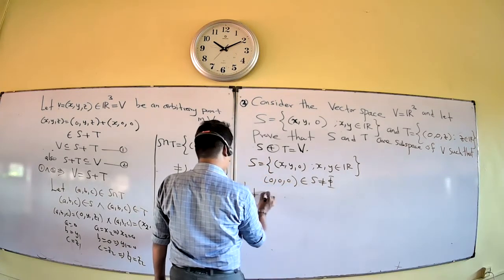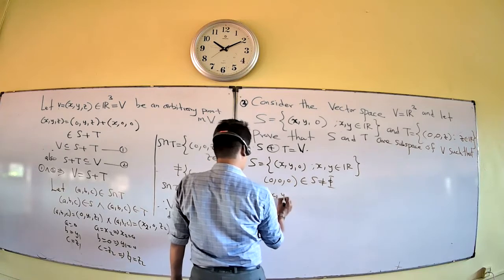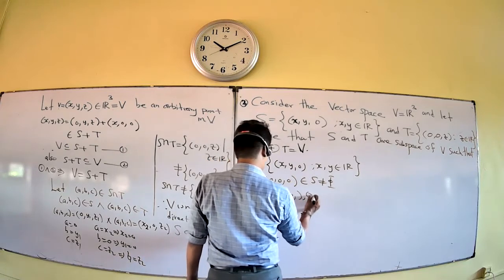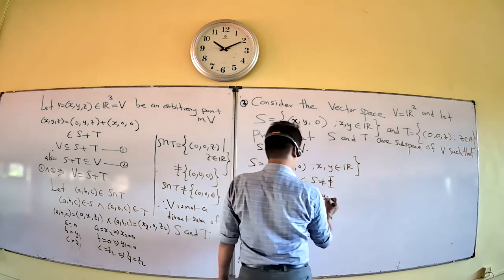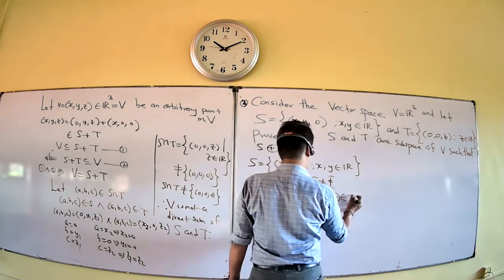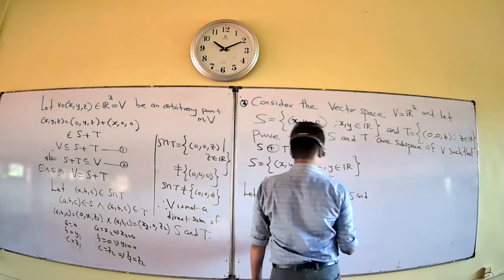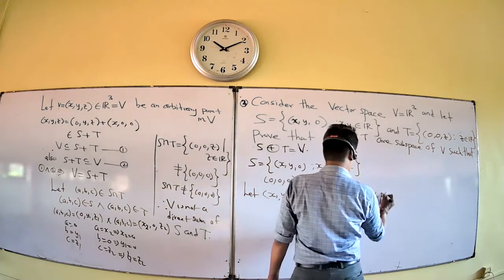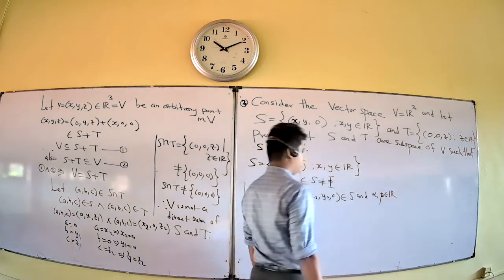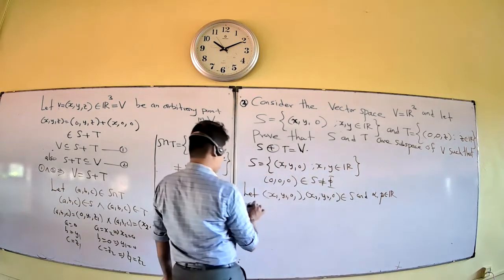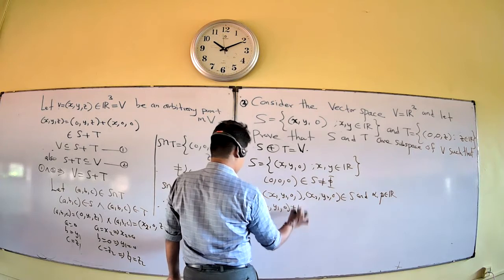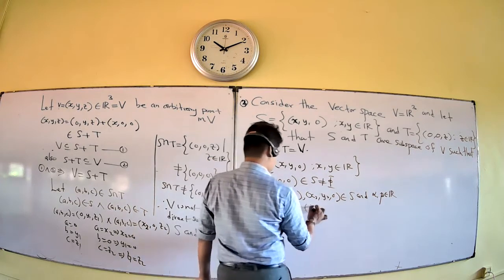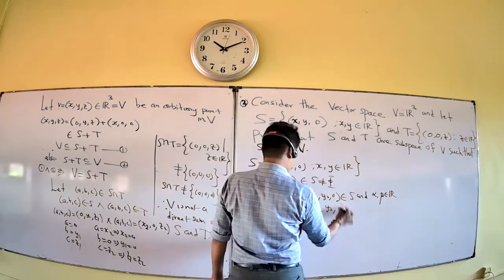Let (x1, y1, 0) and (x2, y2, 0) belong to S and alpha, beta belong to the reals. Okay, then alpha times (x1, y1, 0) plus beta times (x2, y2, 0).